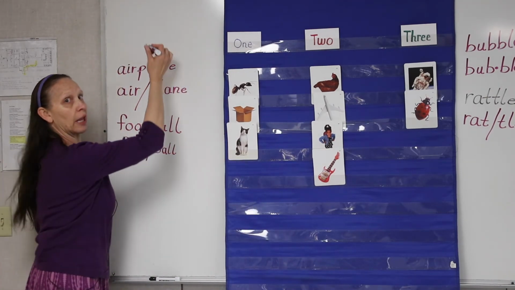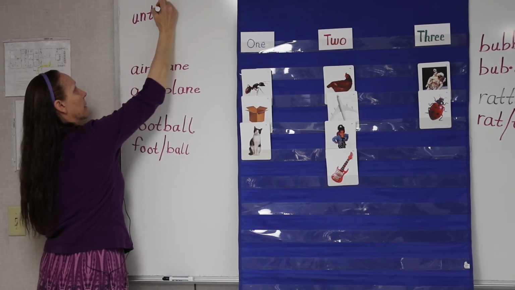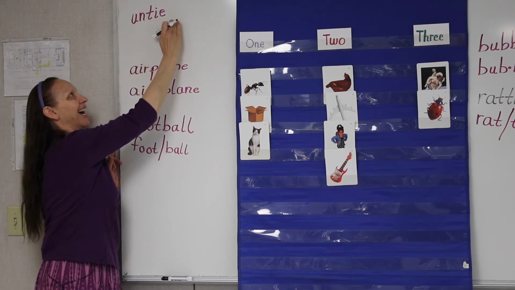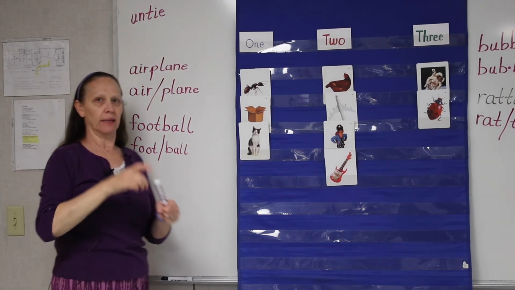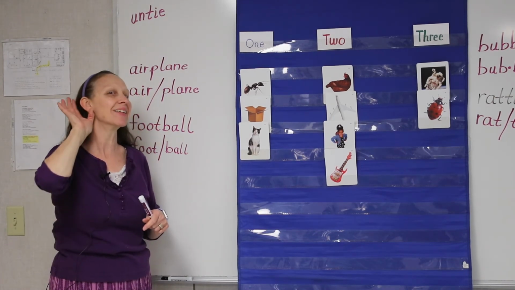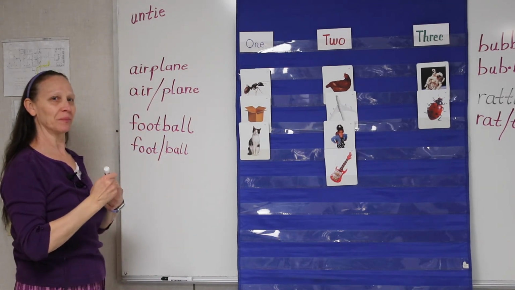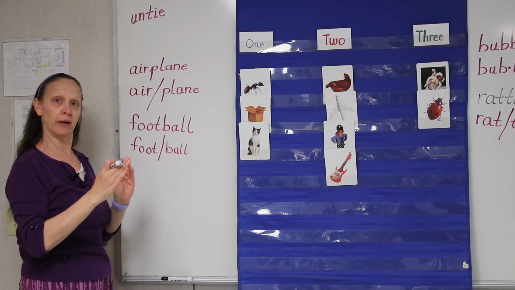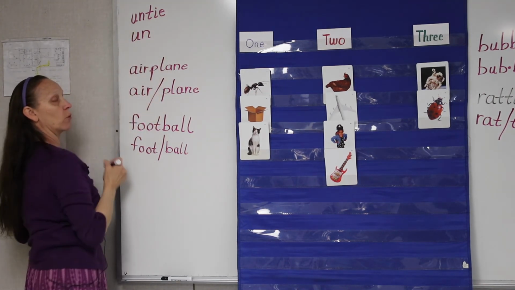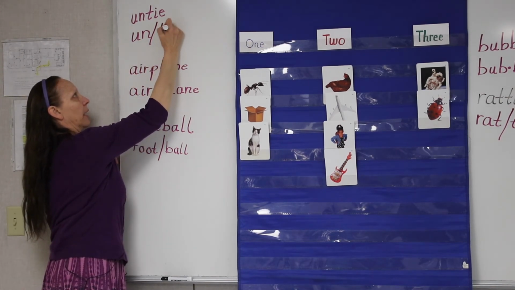So if I have a word like untie, when I say it, untie, how many syllables? What? 2. That's correct. So if I'm going to break it apart, I'm going to take the prefix, which is the 2 letters before the base word, un, and then I'm going to write tie.